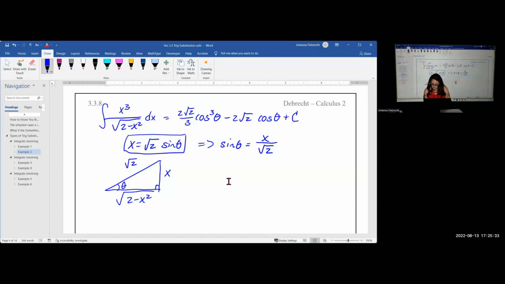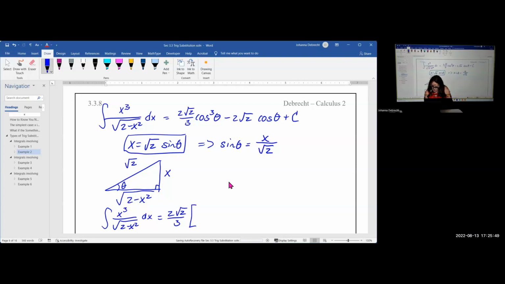So basically, my integral for x cubed over the square root of 2 minus x squared dx is going to be 2 radical 2 over 3 times the expression, right?